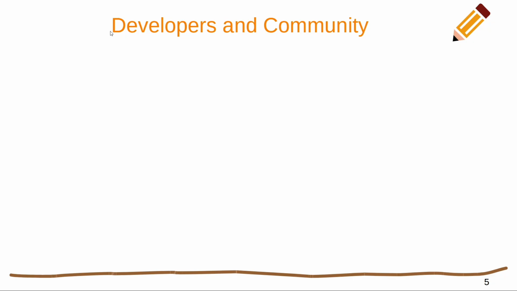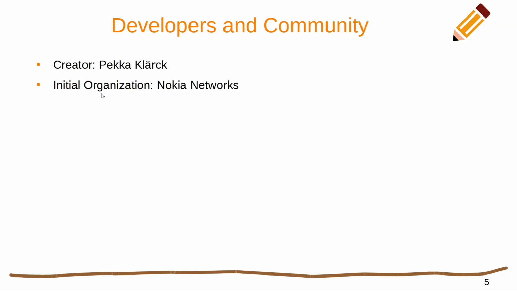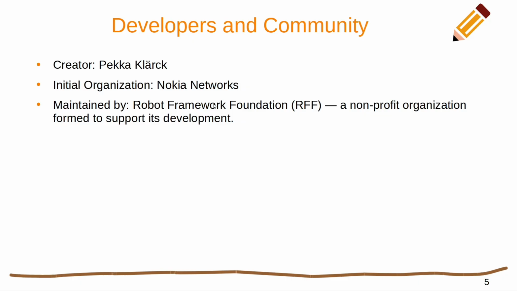Then we go for developers and community. Pekka Klärck is the creator. The initial organization is Nokia Networks. Then it is maintained by the Robot Framework Foundation, RFF, a non-profit organization formed to support its development.